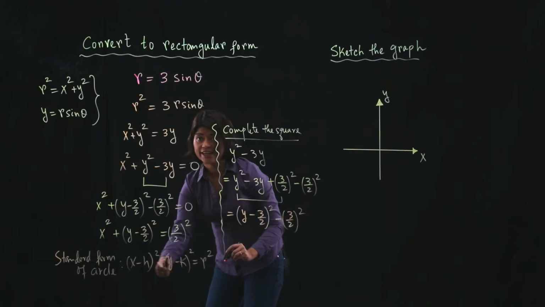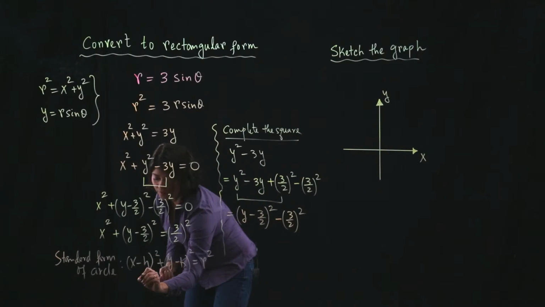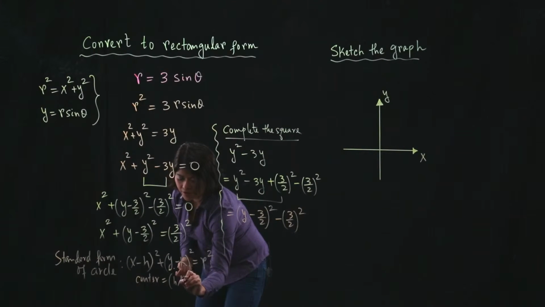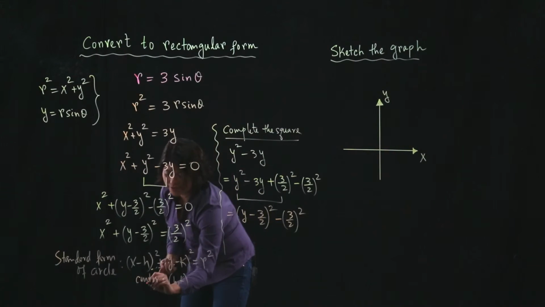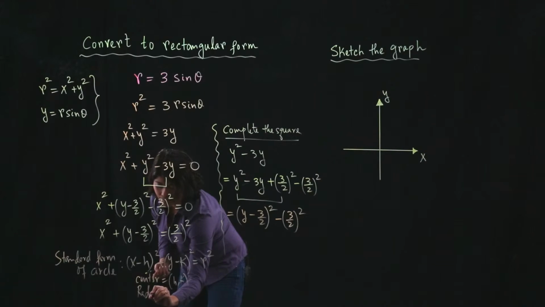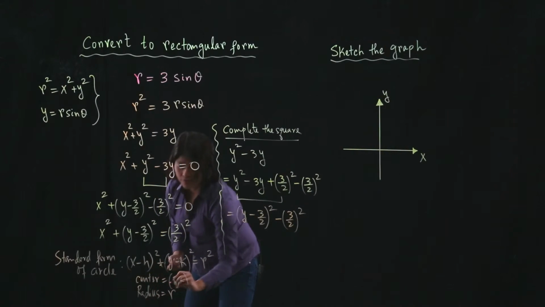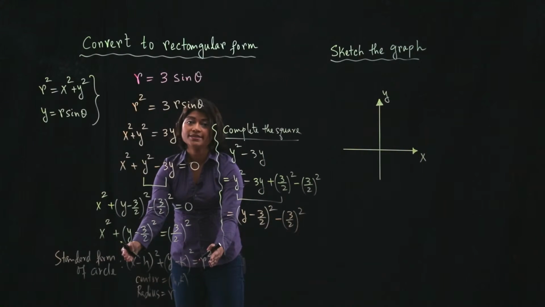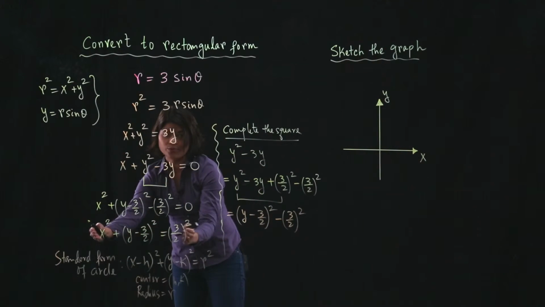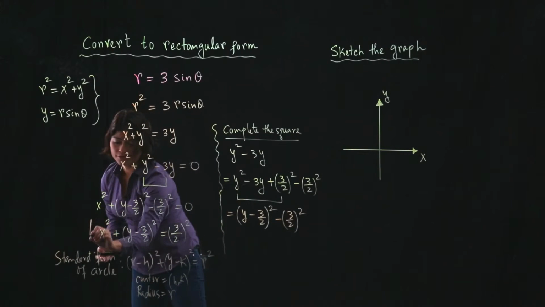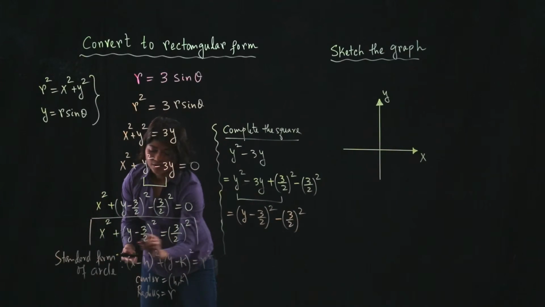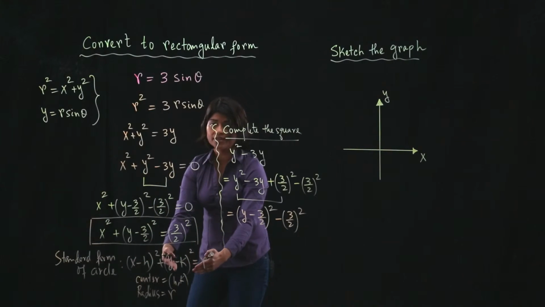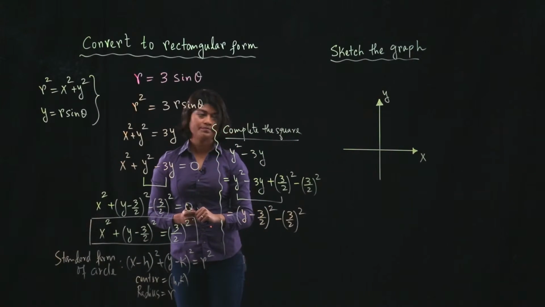What is this h, k? That's the center. So center is (h, k), and what is the r? Well, that's the radius. So a circle with center (h, k) and radius r is given by this equation. And look, this is exactly what our equation looks like. So let's write this equation in the standard form, find the center and the radius, and graph the circle.